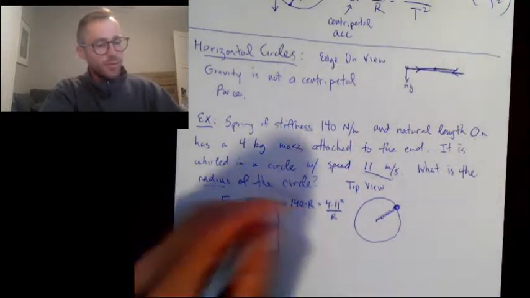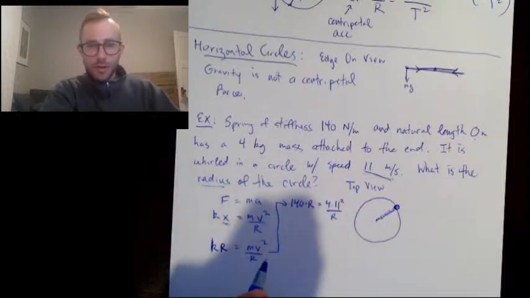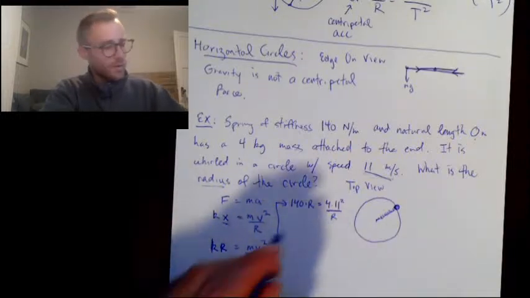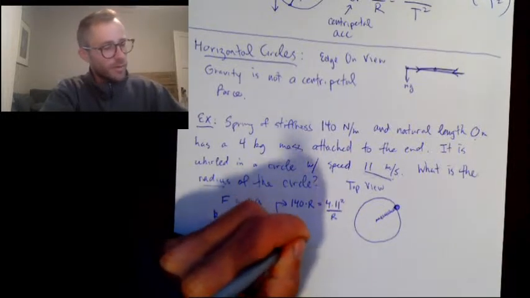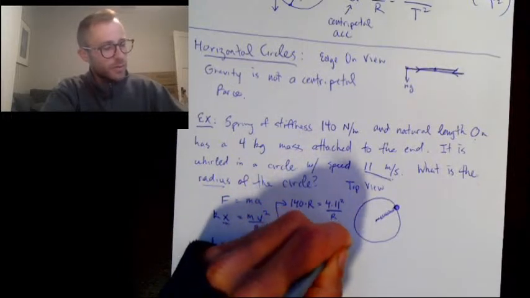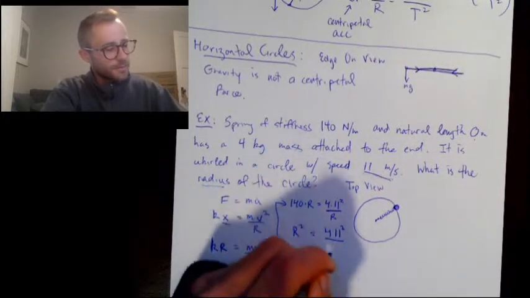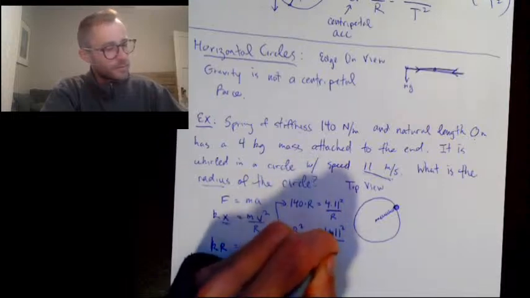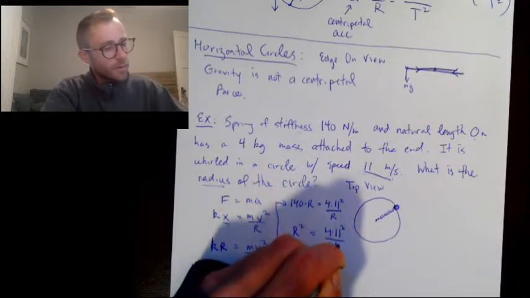I multiply both sides by r. I divide both sides by 140, and I get r squared equals 4 times 11 squared over 140.